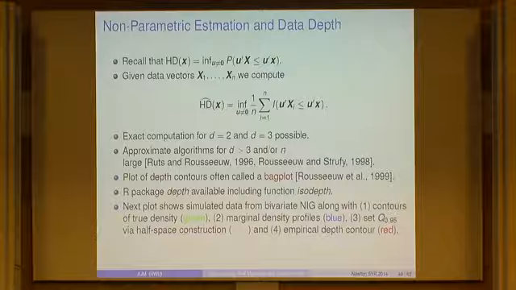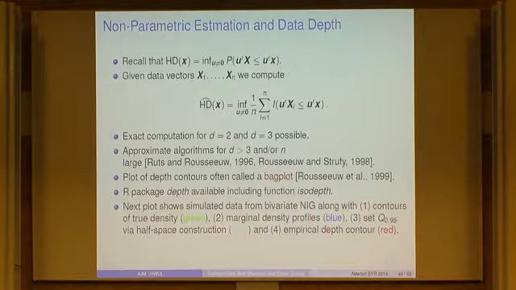And the intuition is pretty obvious. You have some kind of point cloud, and for every point, you look at the smallest empirical probability of a half-space through that point.